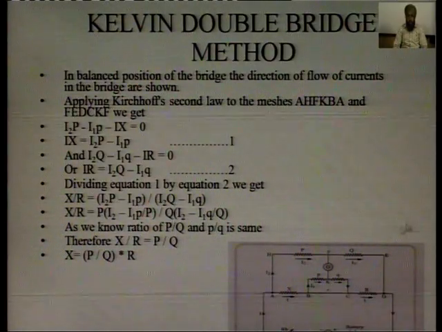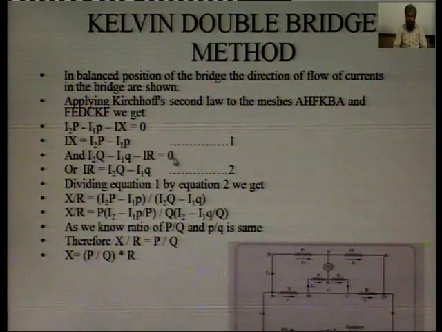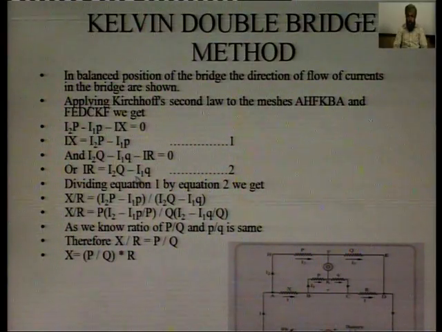In the second mesh FEDCKF, the equation is I2Q minus I1 small q minus IR equals 0, or IR is equal to I2Q minus I1 small q.